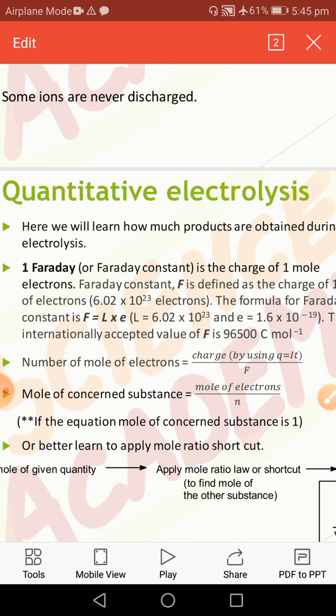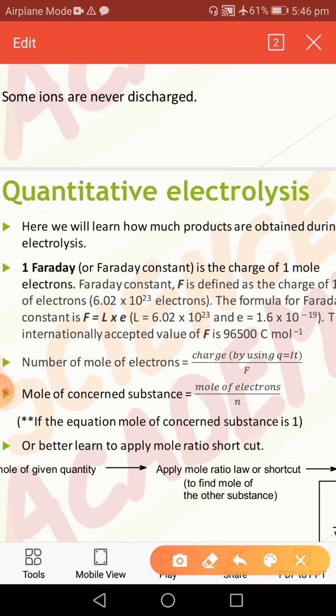But this shortcut for finding the number of moles of the concerned substance is only applicable if in the electrode equation the concerned substance is present in the amount of 1 mole. If it's not present as 1 mole, then you better apply the mole ratio of the electron to the substance.